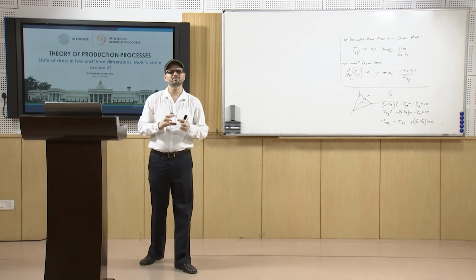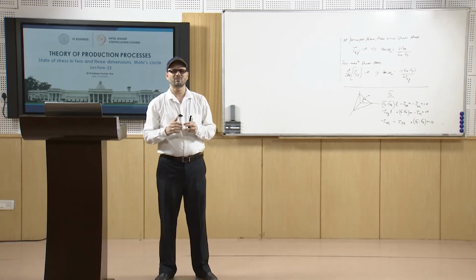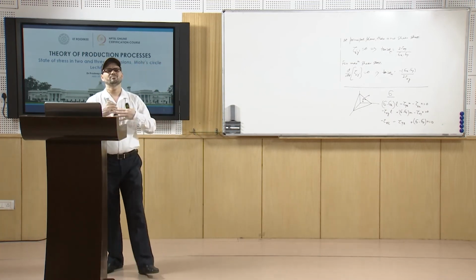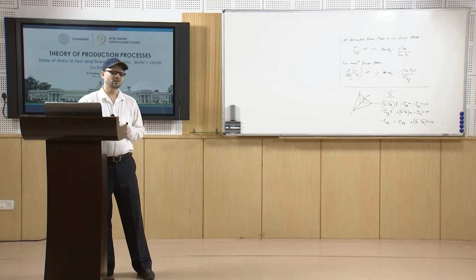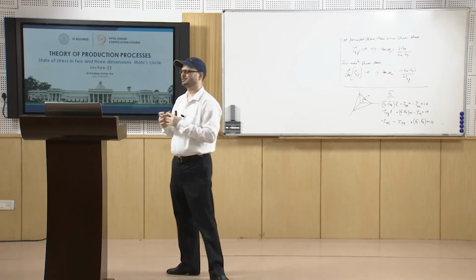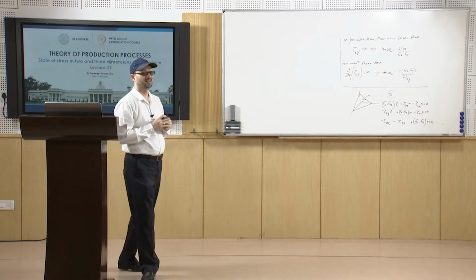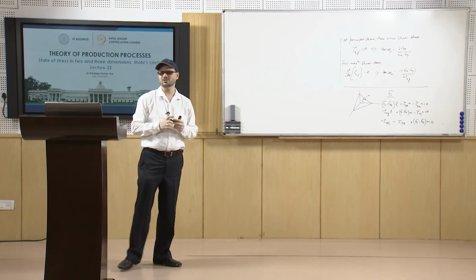We got the expression that sigma x prime will be sigma x plus sigma y by 2, plus sigma x minus sigma y by 2 cos 2 theta plus tau xy sin 2 theta. Like that you had the expression for the principal stress, that is the normal stress. Then you had the expression for the shear stress.